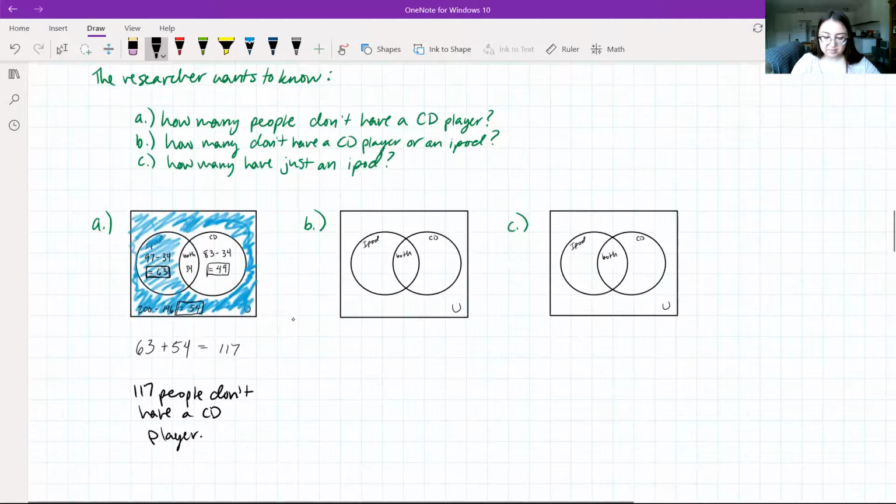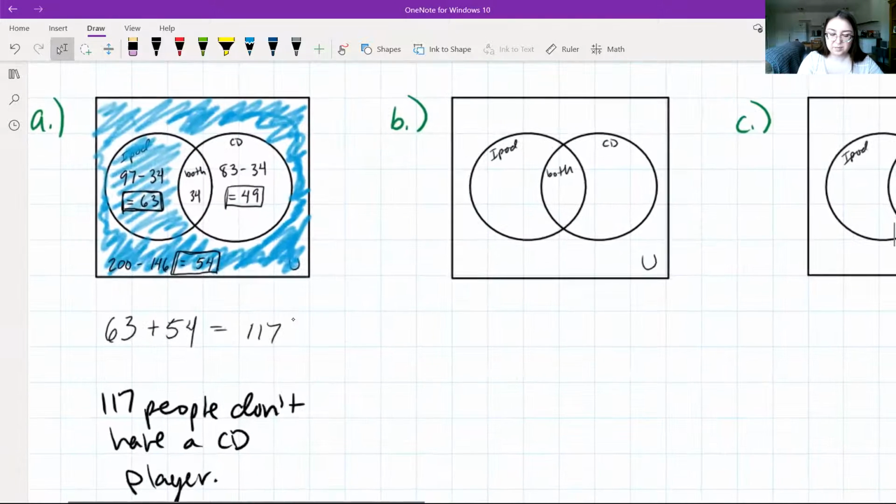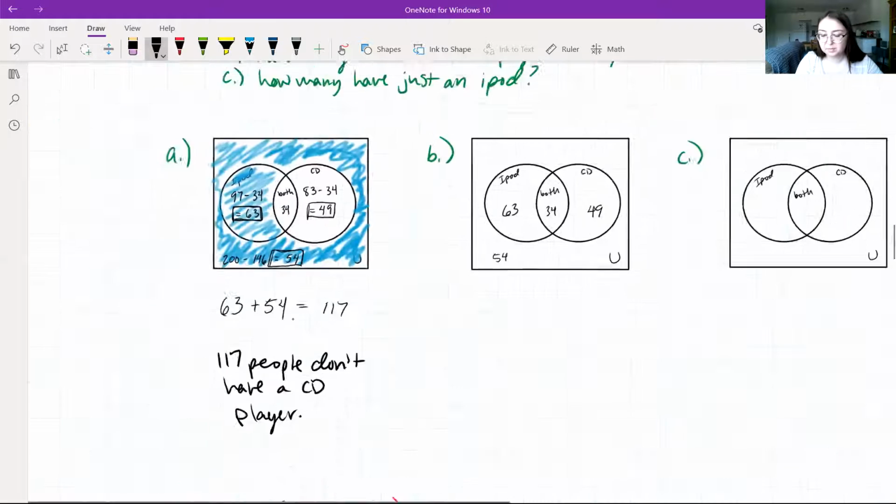All right. Since we know the value of each one of these regions, we're just going to fill in the rest of our Venn diagrams, and it's going to make this go a lot faster. So we know 63 people have iPods, 34 people have both, 49 people have CDs, and 54 people have none.